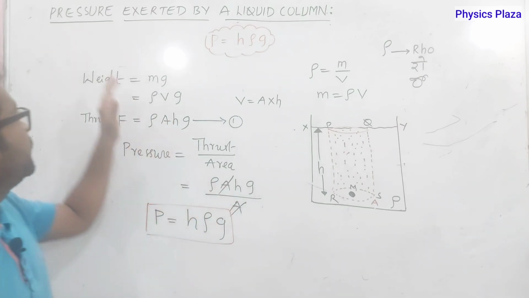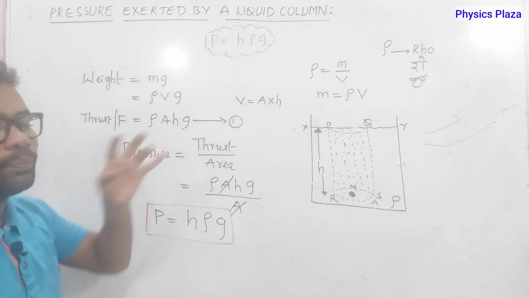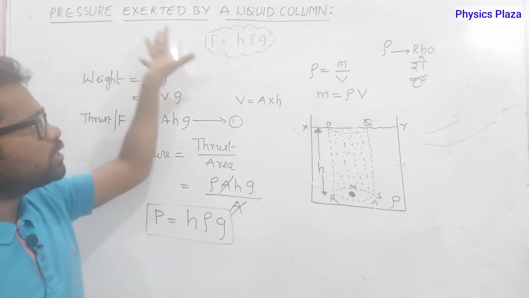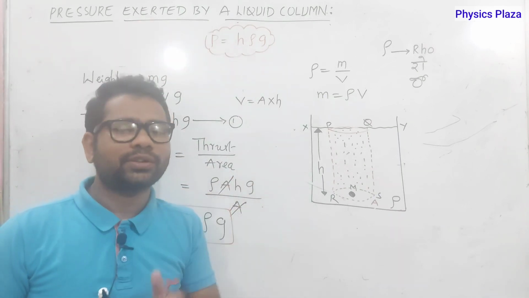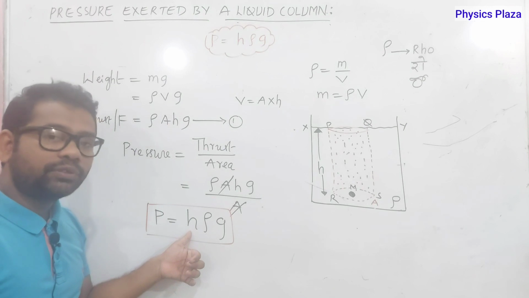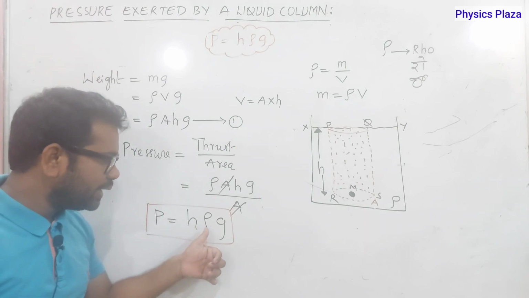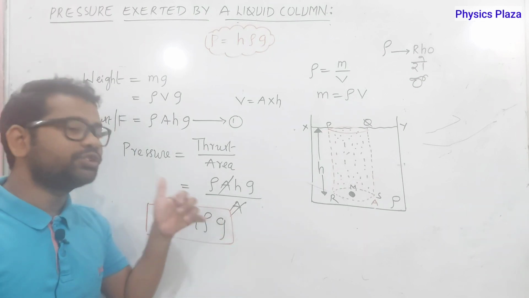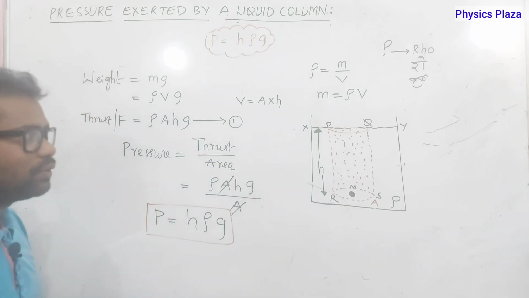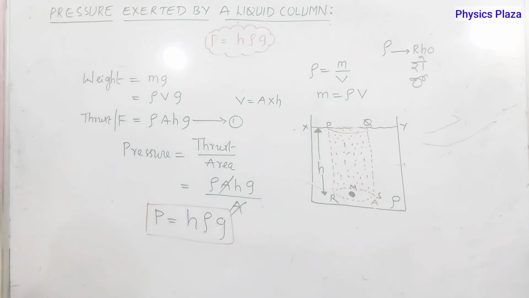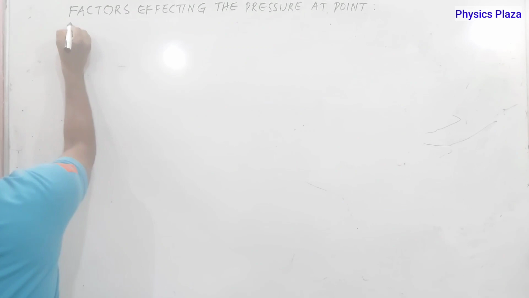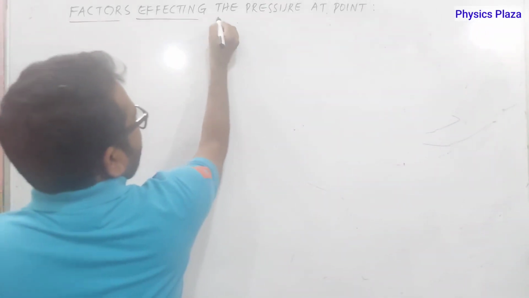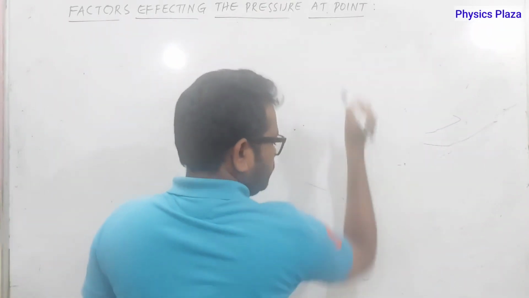Okay, fine. So this is pressure exerted by a liquid column. Here, pressure exerted by a liquid column depends on three factors, children. That is depth of the liquid from its free surface, density of the liquid, acceleration due to gravity. Just copy it, we'll discuss in detail. So factors affecting the pressure at a point.